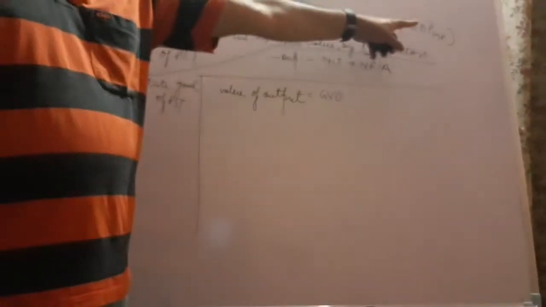And how is this value added calculated? It can be calculated as the final good of all three sectors minus intermediate good of all three sectors. That is how we can calculate gross value added. Now we got GDP MP.